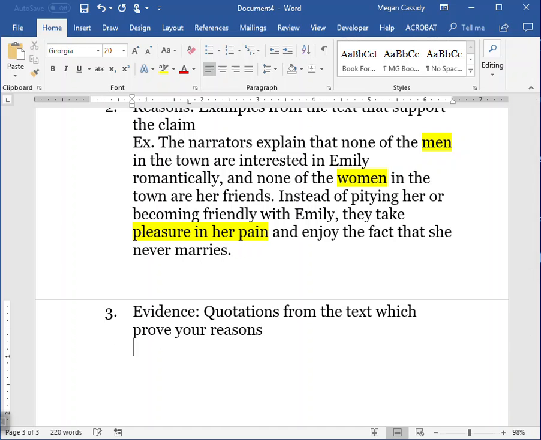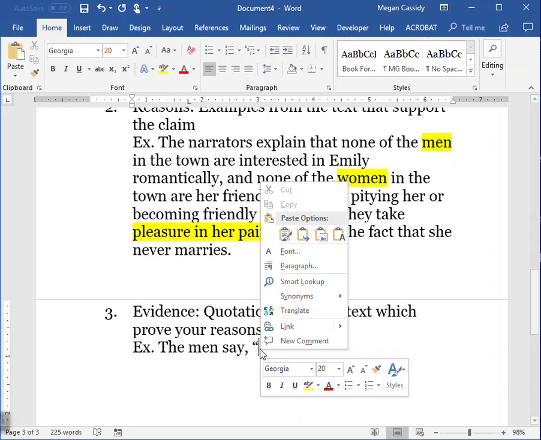One of the other things too, just to explain, when I say a quotation, you are quoting the text in some way. Sometimes when I've said this, people have gone and looked for quotation marks where there's dialogue. It does not necessarily have to be dialogue. Here it is, because the narrators are talking and I'm trying to talk about narration. But there does not necessarily have to be dialogue. You're just quoting a piece of the story. So, my example, the men say, and now I've gotten a quotation here that I've copied from the story.